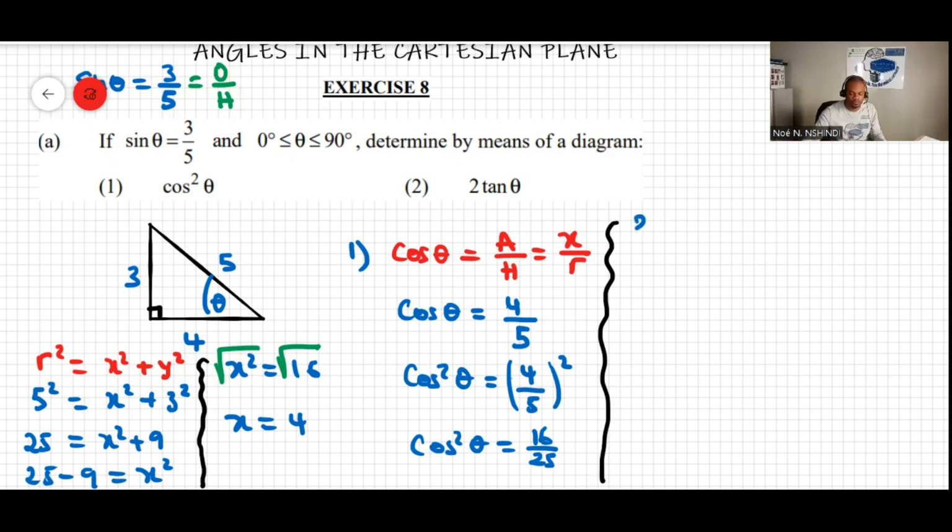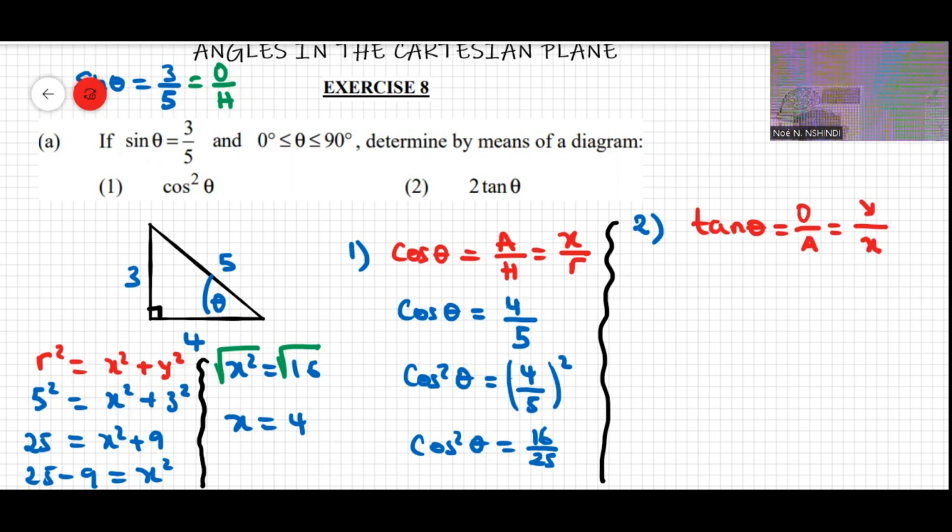Question 2, we talk about 2 tan theta. So we do know that tan of an angle is opposite side over adjacent, which is sometimes written as y over x. The opposite side here is 3, because it is opposite the angle.